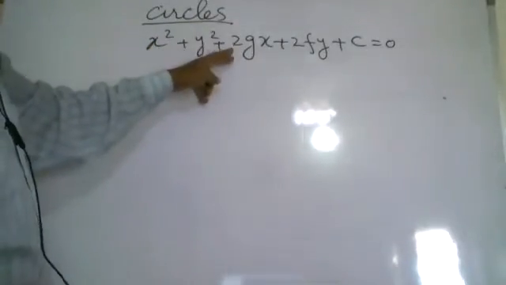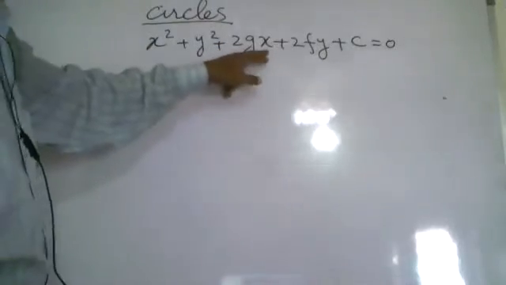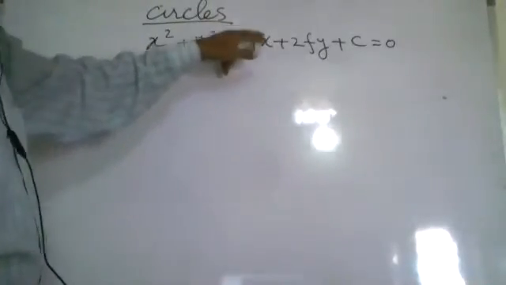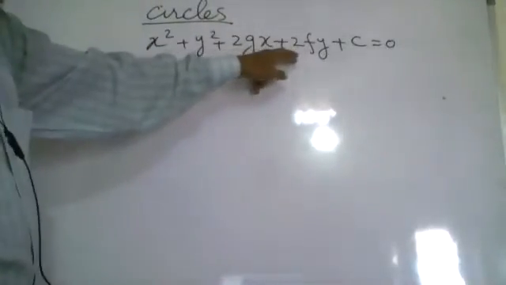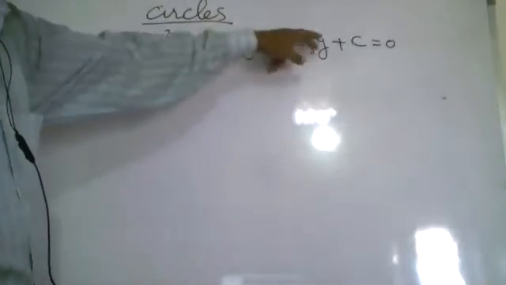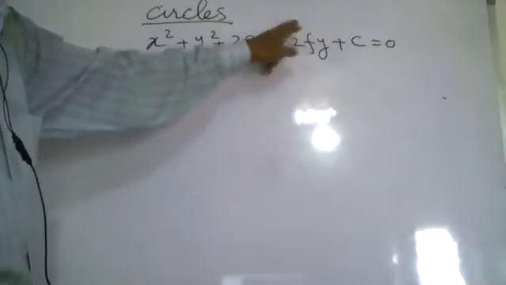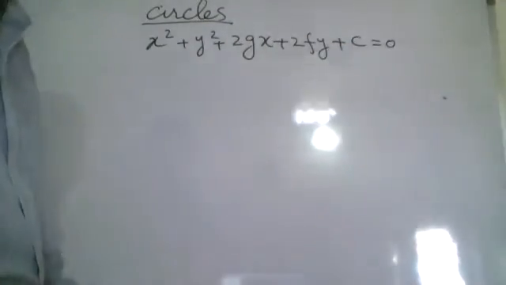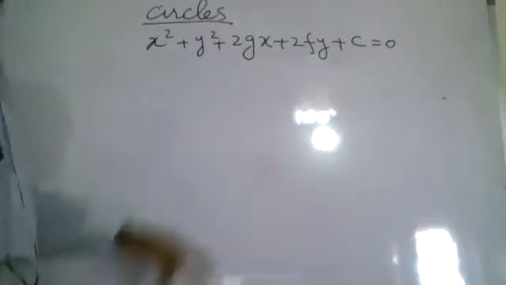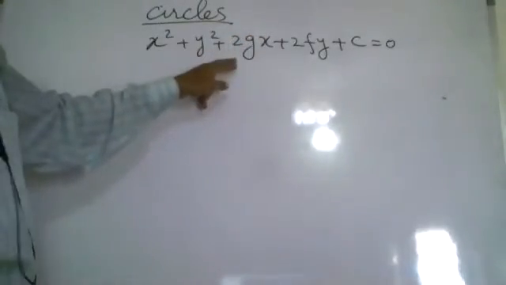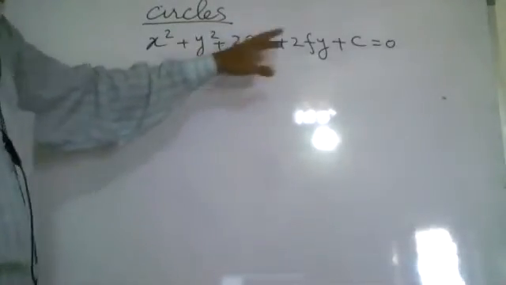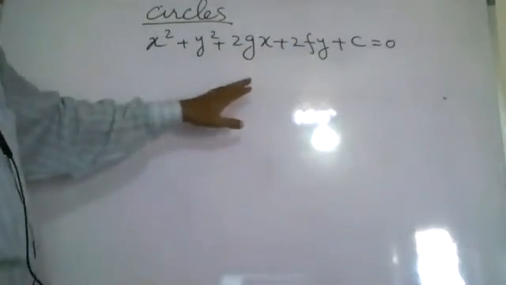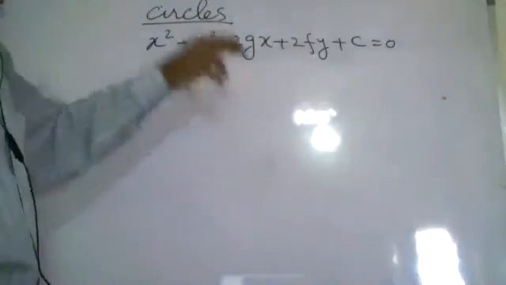And then there will be 2gx, that means x with some coefficient, and 2fy, that means y associated with some coefficient, plus some constant. But in some equations you will not find 2gx and 2fy, both will be absent, or any one of these two will be absent.